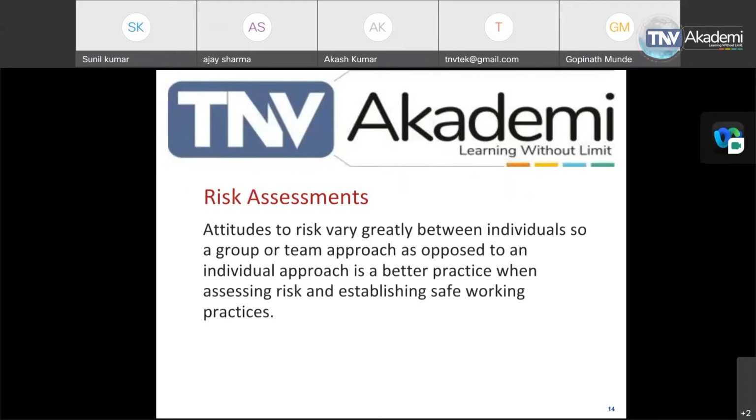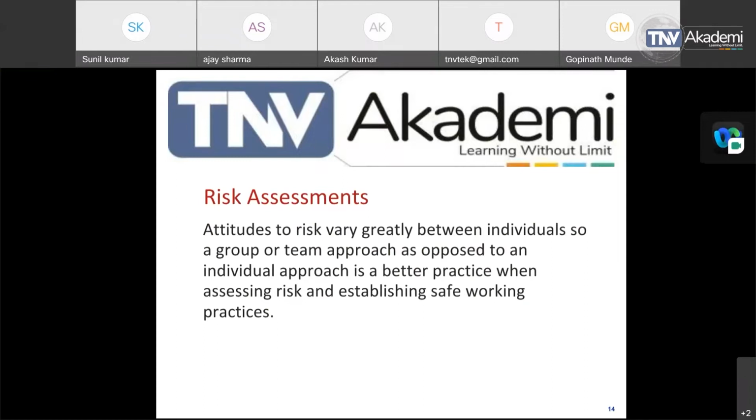In a risk assessment, attitude to risk varies greatly between individuals. So a group or team approach, as opposed to an individual approach, is better practice when assessing risk and establishing safe working practices. Attitude always matters for the individual who is conducting the risk assessment and establishing safe working practices.